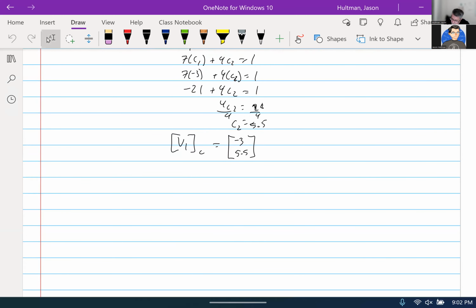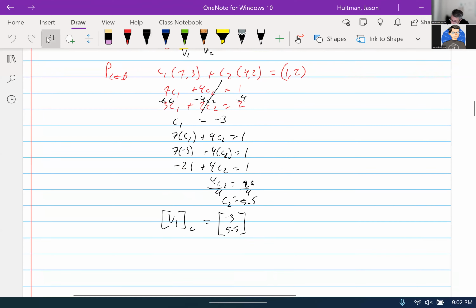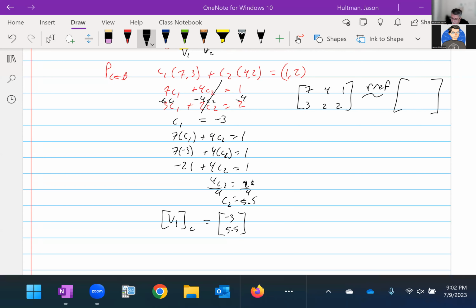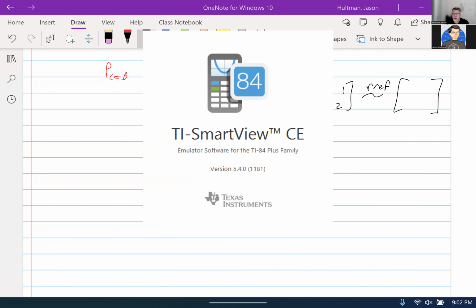And again, if you wanted to, you could turn this into an augmented matrix, 7, 4, 1, 3, 2, 2, and then just RREF this in your calculator. Let's do that real quick, just to show how to do that. It's going to be a 2 by 3.